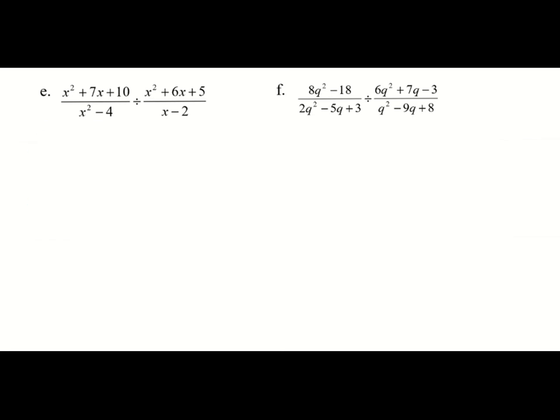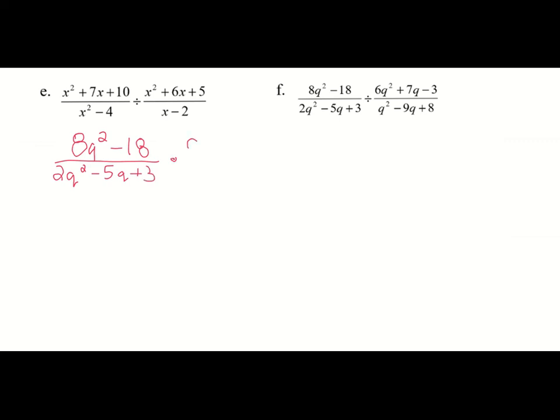Okay, and the last one we're going to do for this video is f. Again, it's division, so we have to change it to multiplication. So we're going to rewrite it as 8q squared minus 18 over 2q squared minus 5q plus 3 times, and then flip that second fraction.